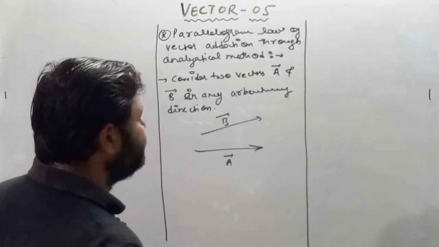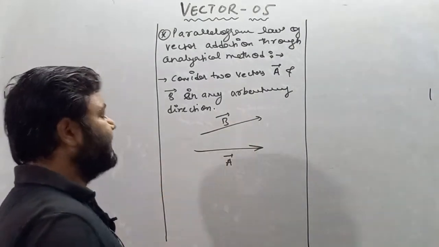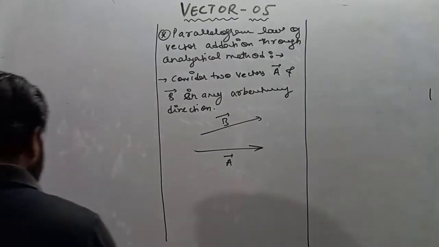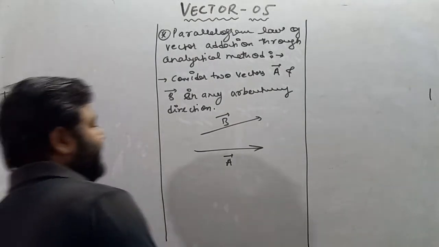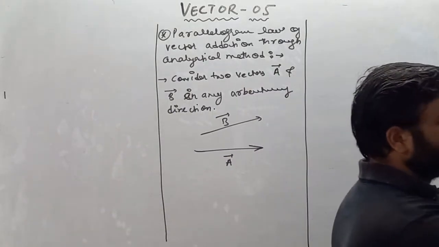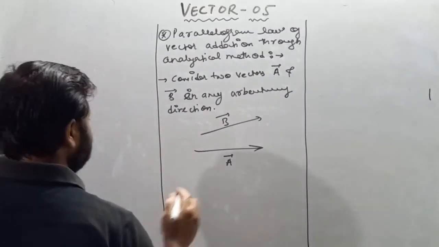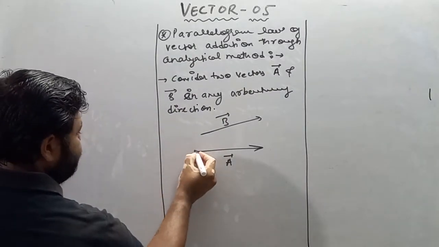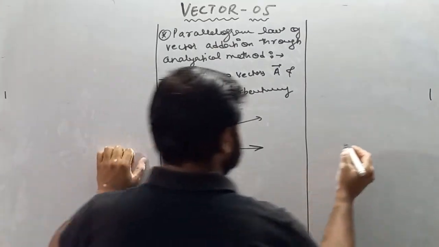So the parallelogram law says that join the first vector tail with the second vector tail. So what we have to do, we'll join the first vector tail with the second vector tail and then complete the structure of the parallelogram.